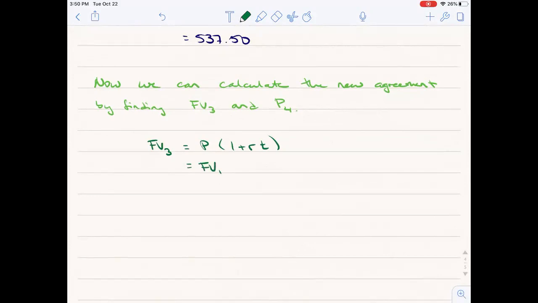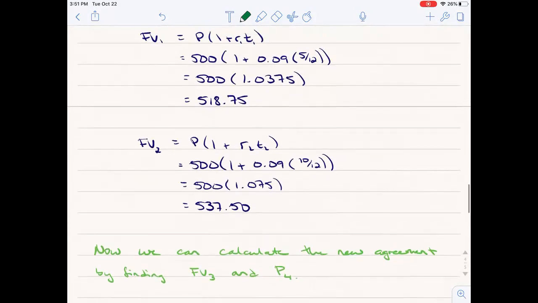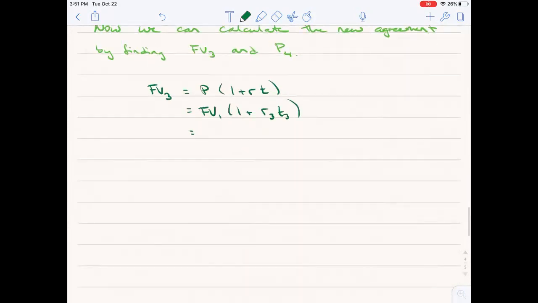The P for this one is future value 1 if you want to use notation, times 1 plus R3 T3. Or if you wanted to just use the values right away, 518.75, that's fine too, but I just want you to see what's happening.